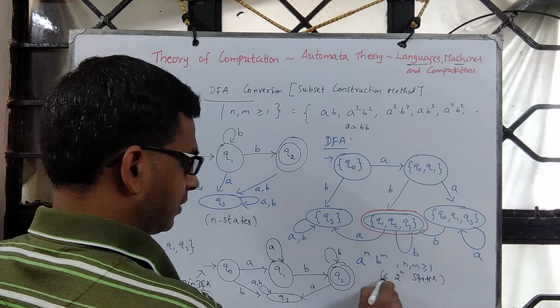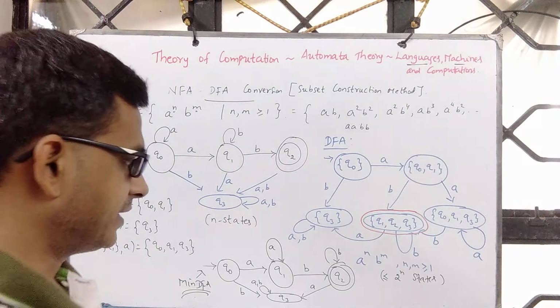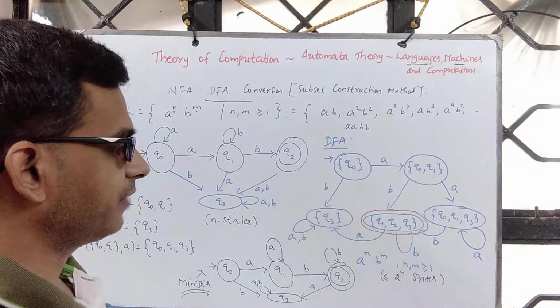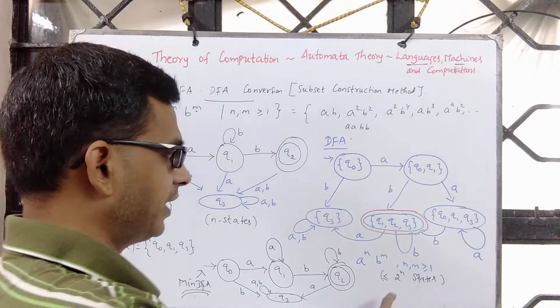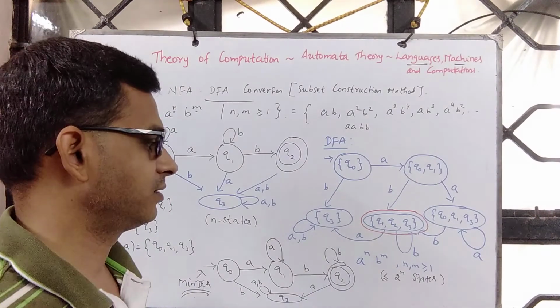Okay, so less than or equal to 2 power n states. But there are examples where you have an n state NFA and you will obtain close to 2 power n states.